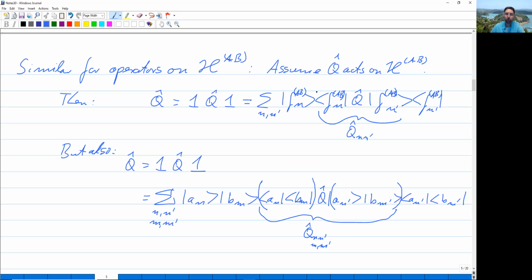Okay, so now we know how to write vectors and operators in the various choices of bases.